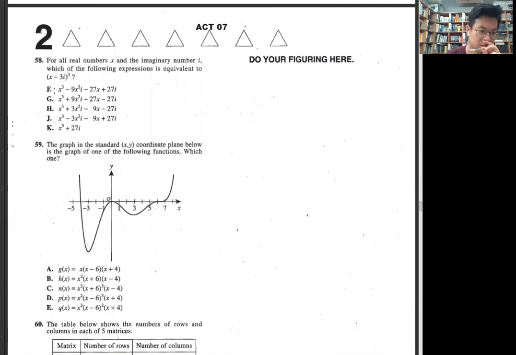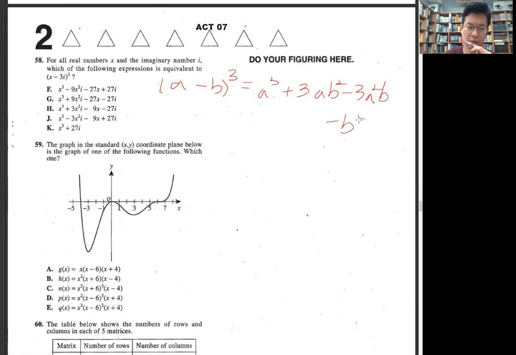For the expression, we can just do this one. You can just multiply each one of them, but an easier way to do it is a cubed plus 3ab squared minus 3a squared b, and then minus b cubed.